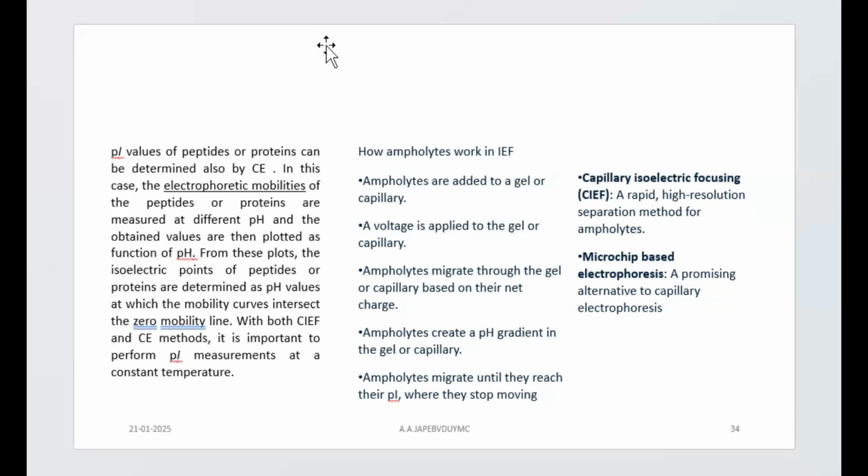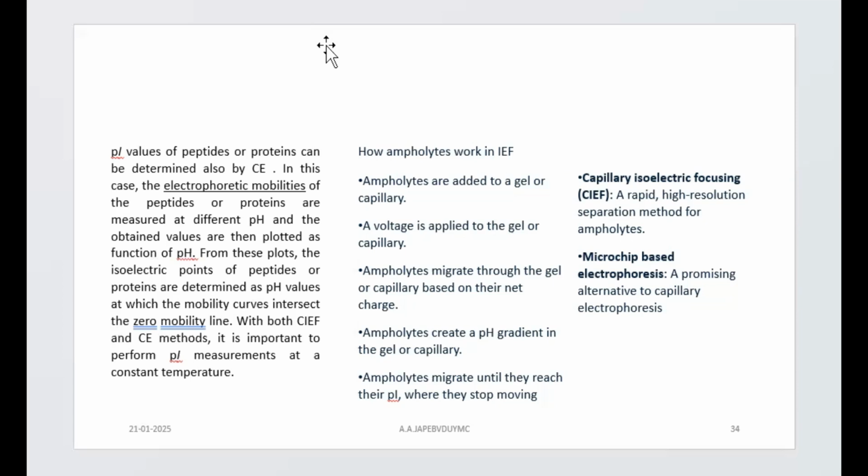In that gradient gel you need to add ampholytes. Ampholytes are added to the gel, a voltage is applied to the gel or the capillary, and the ampholytes will migrate through the gel or capillary on the basis of their net charge, and then they will establish a pH gradient in the gel or capillary.